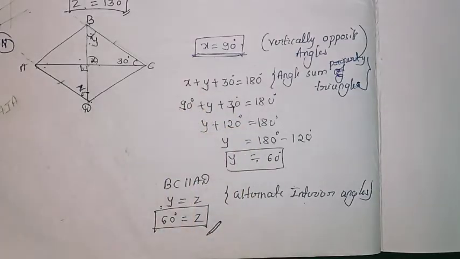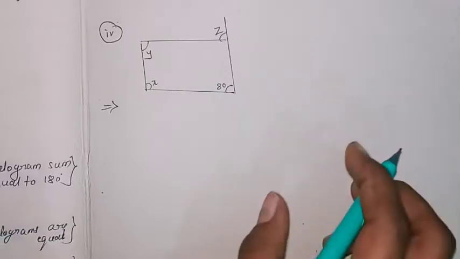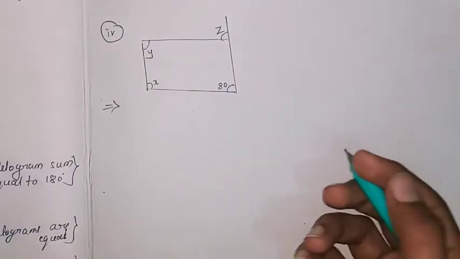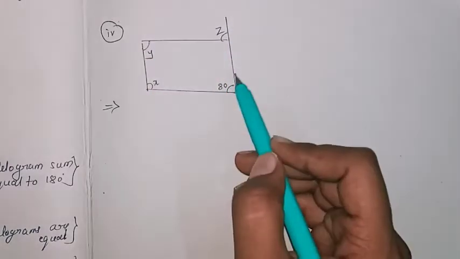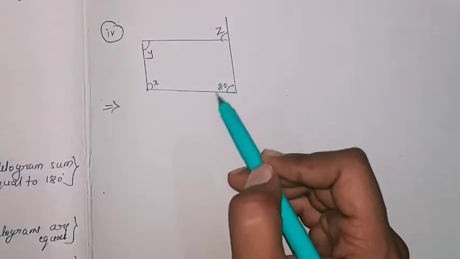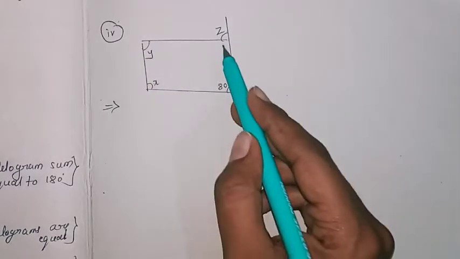Okay, move towards the fourth problem, and don't worry, the more problems you do, the more thorough you will be with these concepts. Now it is easy for you to find the values. You have to find the x, y and z values. One angle is given in a parallelogram, so you have to find another one.